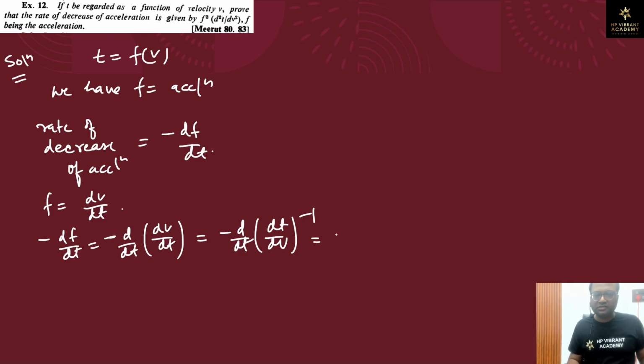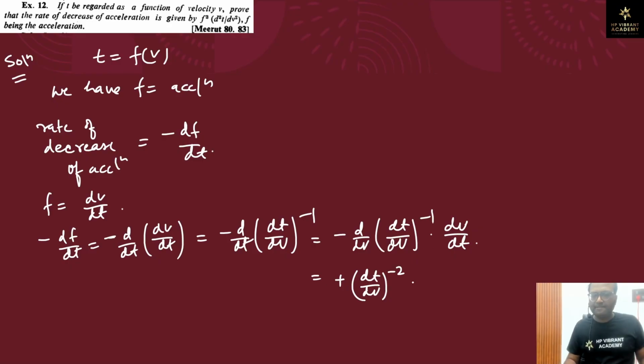So this we can write as minus d upon dv of (dt upon dv) to the power minus 1 into dv upon dt. First we differentiate (dt upon dv) to the power minus 1 with respect to dt upon dv. This is equal to plus (dt upon dv) to the power minus 2 into d2t upon dv square into dv upon dt.